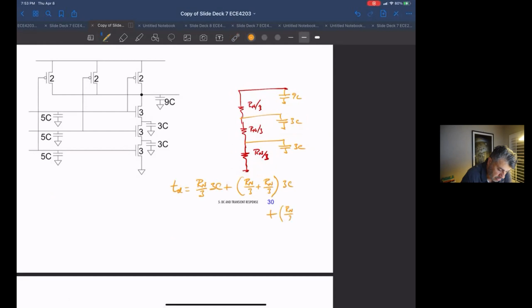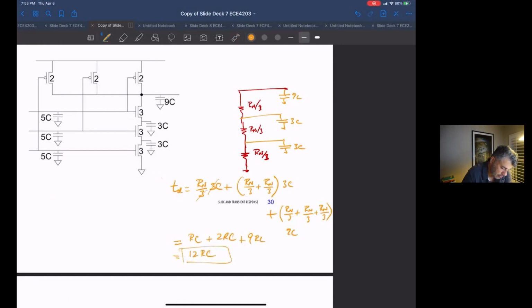I'm just going to write it longhand so you guys can follow what I'm doing. So it would look like RC plus 2RC plus 9RC. So it would look like 12 RC.